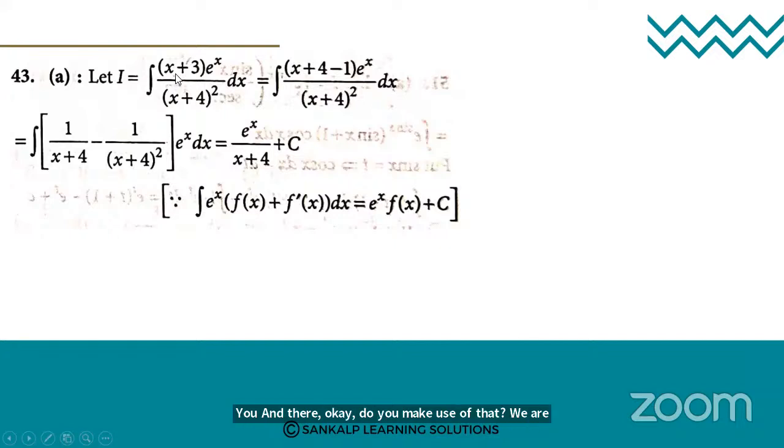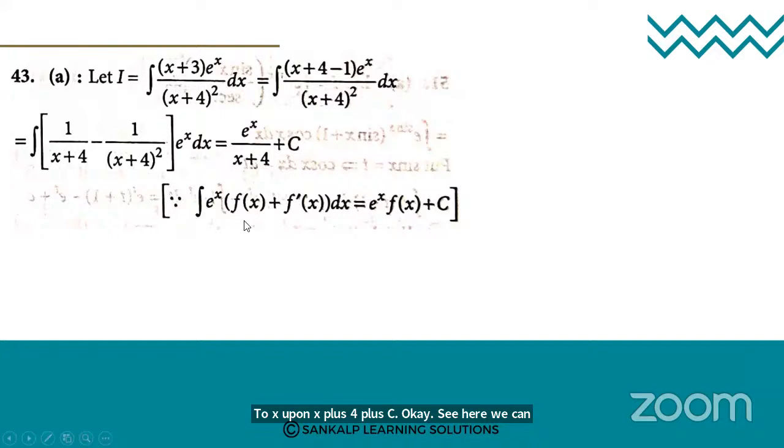The numerator we split as x plus 4 minus 1, and splitting the denominator x plus 4 whole square, it becomes 1 upon x plus 4 minus 1 upon (x plus 4) whole square, times e raised to x dx, which is equal to e raised to x upon x plus 4 plus c. So here we have simplified it.